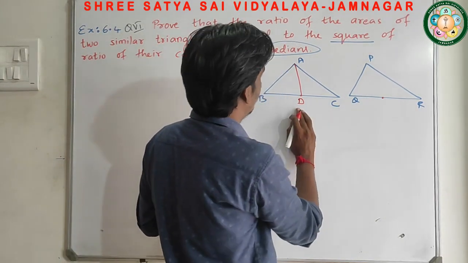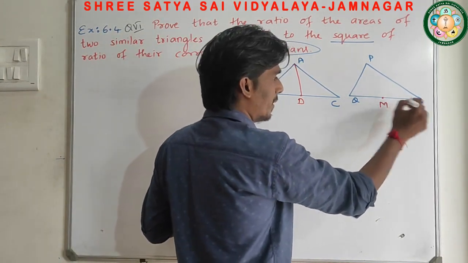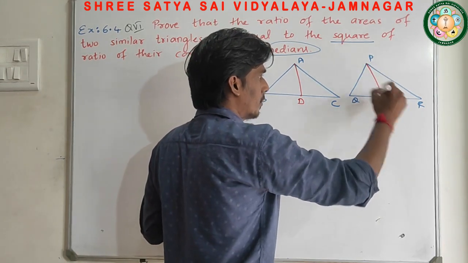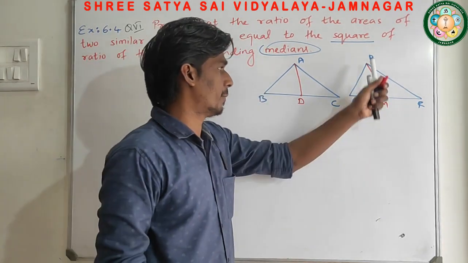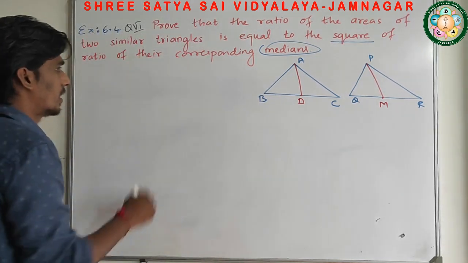Similarly, say M is the midpoint of QR. Then this is the median of triangle PQR. So let's write down the given from this.